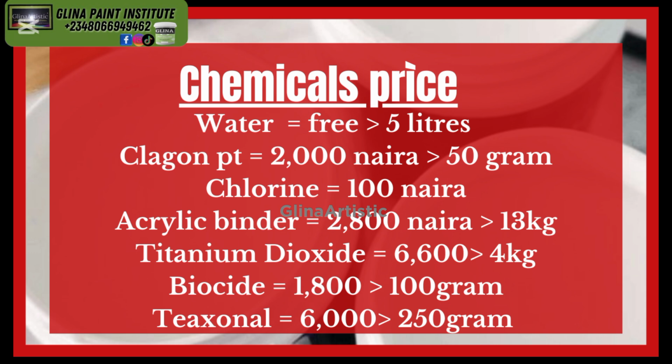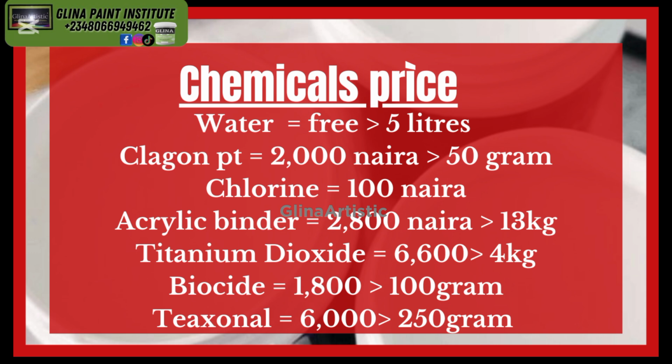So titanium dioxide is about, we have 5,400, we have 6,600. So 6,600, we are not dividing, please. If it's a kg, you don't divide. If it's gram, you divide. As simple as that. So 6,600 times 4 kg, we have 20.